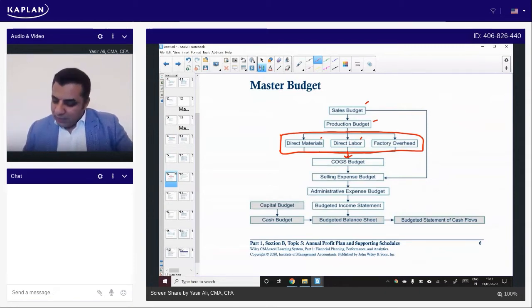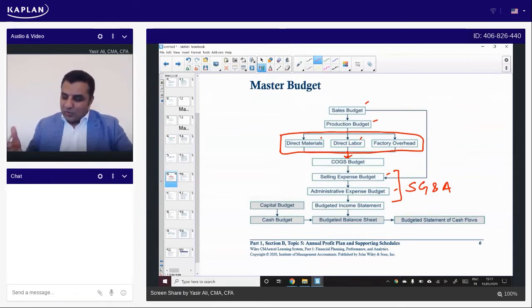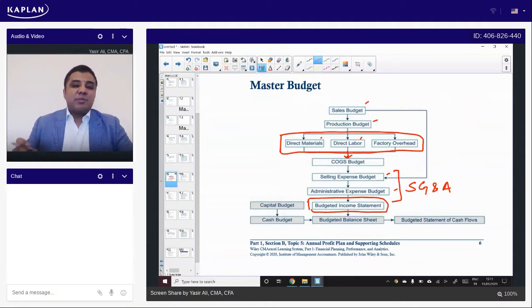Now, moving on, this is the selling expense budget, admin expense budget. So at this stage we can make the selling, general, and admin expenses budgets. And once we have that, and after incorporating the interest finance cost budget, and then accounting for taxation, our end result would be a budgeted income statement or budgeted profit and loss statement, right?